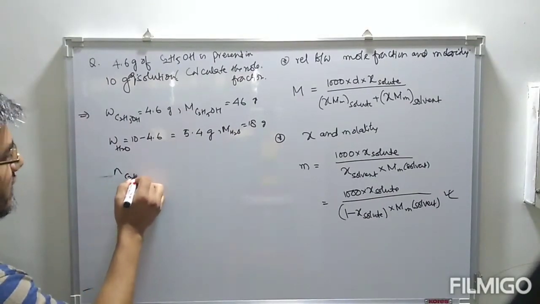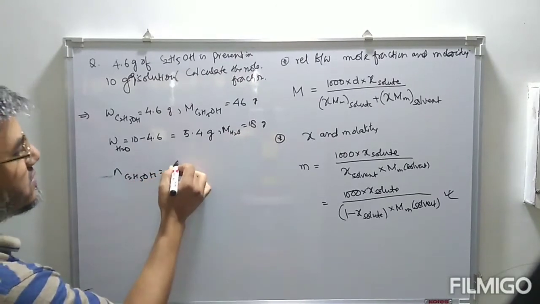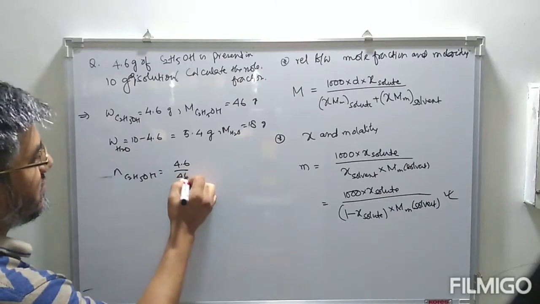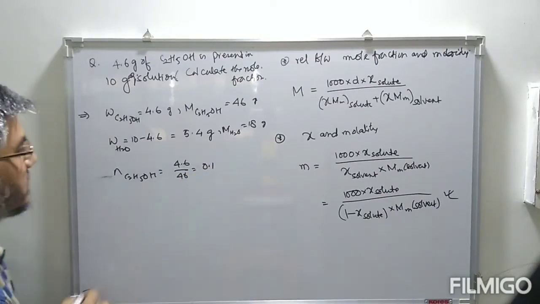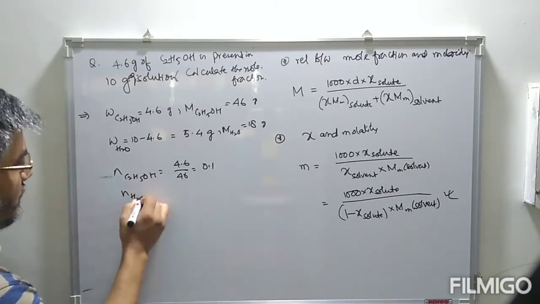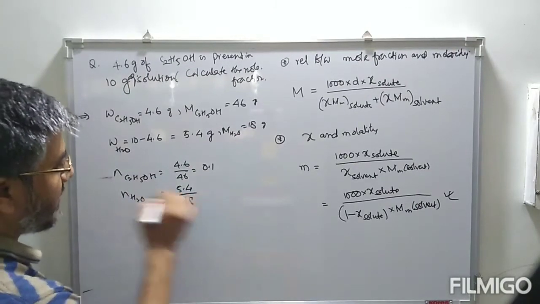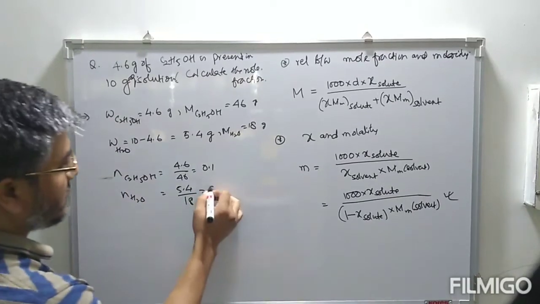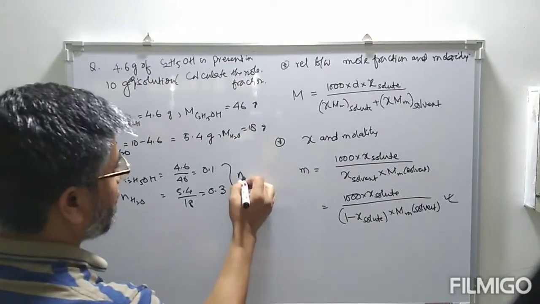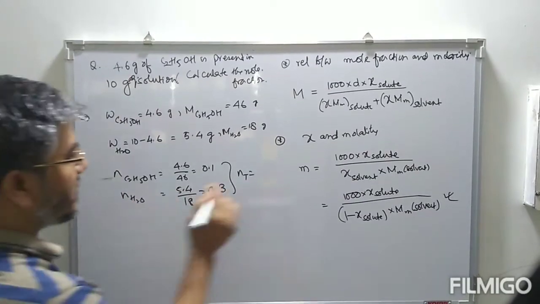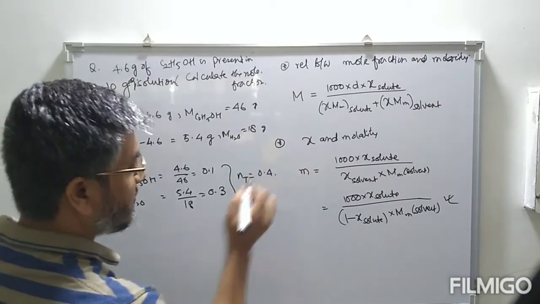So therefore look at this. Number of moles of ethanol is mass by molar mass, that is 0.1. Number of moles of water, 5.4 divided by 18, it is 0.3. Therefore total number of moles is moles of ethanol plus moles of water, that is 0.4.